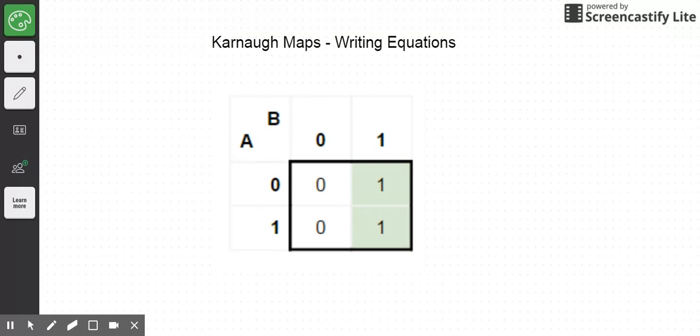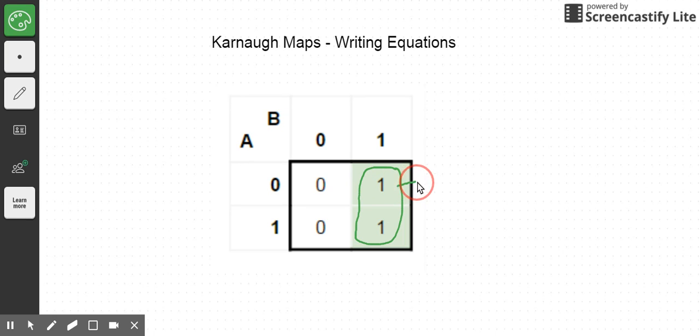And I can see that in this group, I have a group of 2 ones here that has been denoted by the fill color in the background. All right, now when we are writing equations, what we are looking for is what inputs have the exact same value for every single spot in that group.